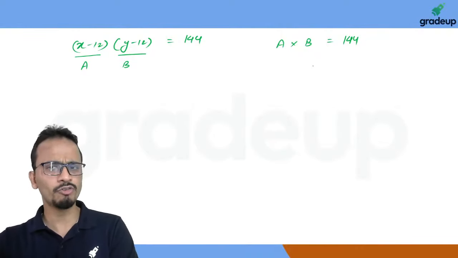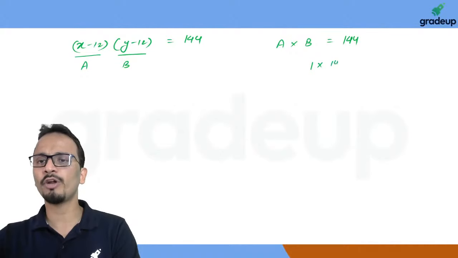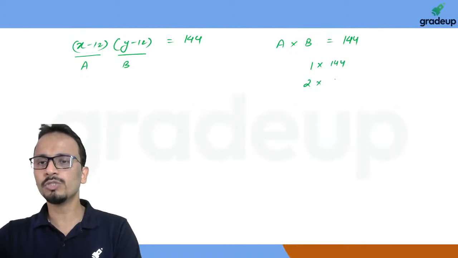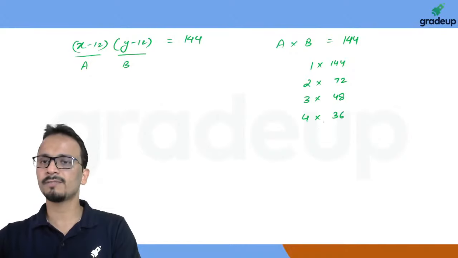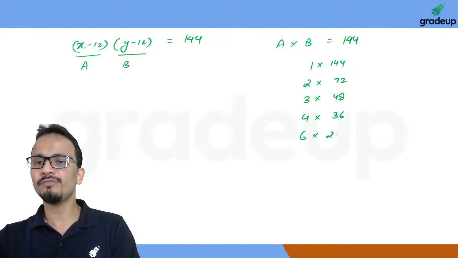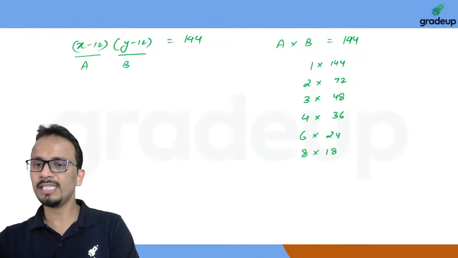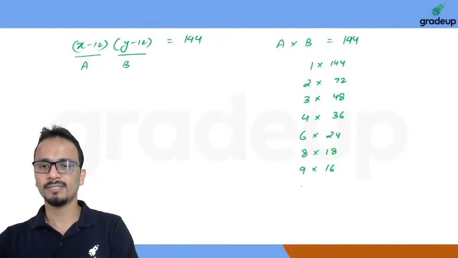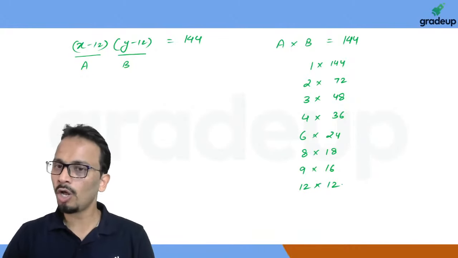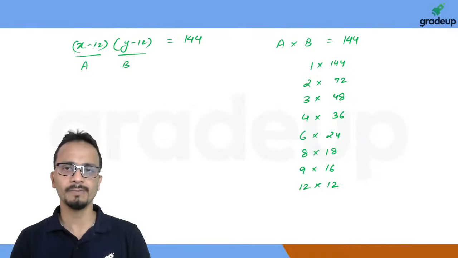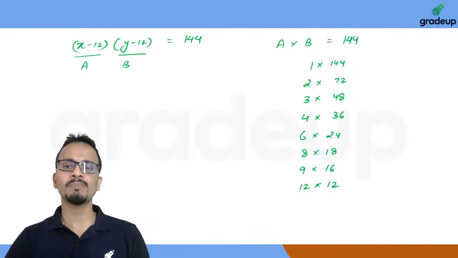Let me do hit and trial right now. 1 into 144, 2 into 72, 3 into 48, 4 into 36, 6 into 24, 8 into 18, 9 into 16, 12 into 12. So these are all the possible ways of writing 144 as the product of two numbers.